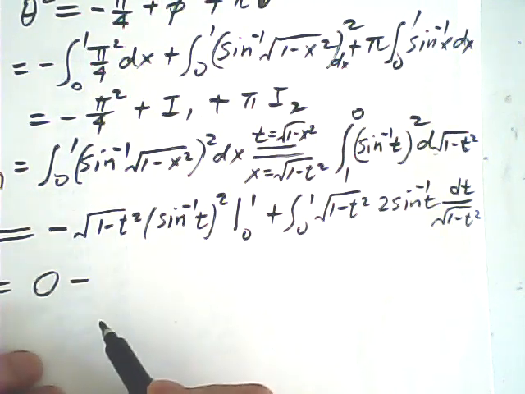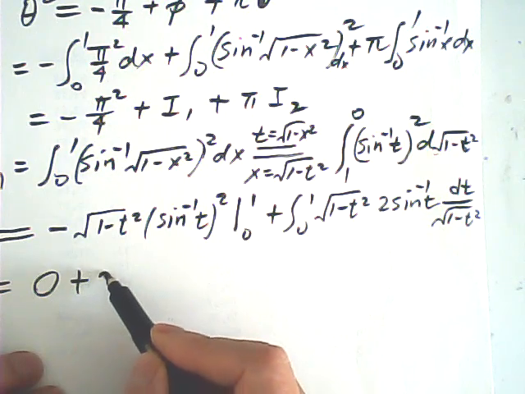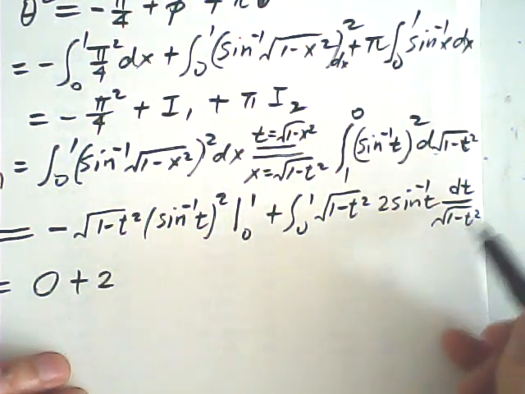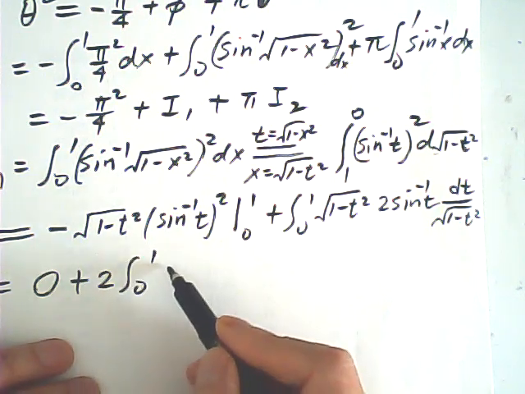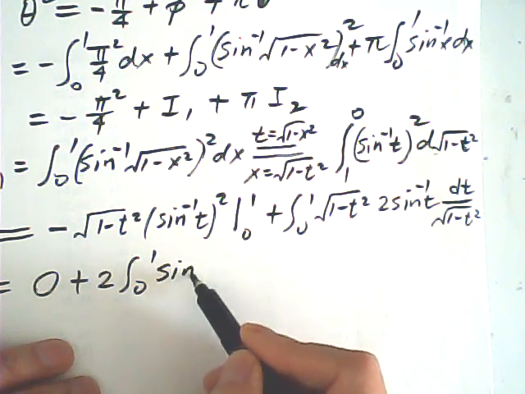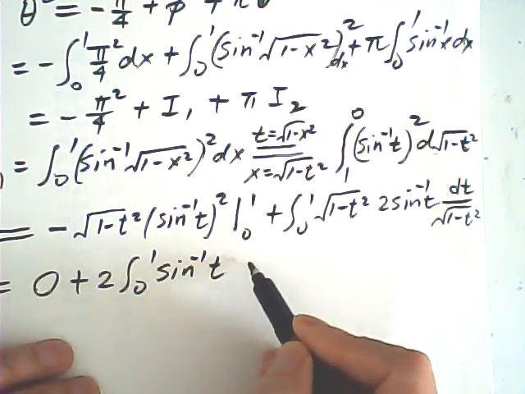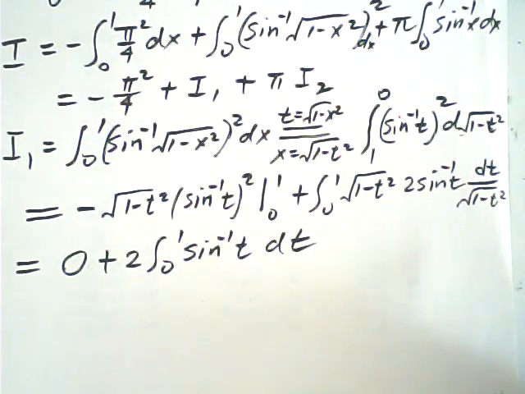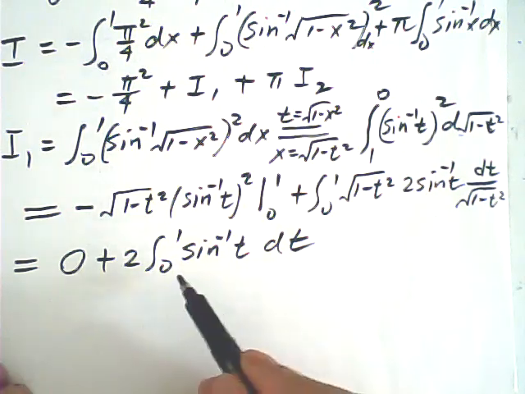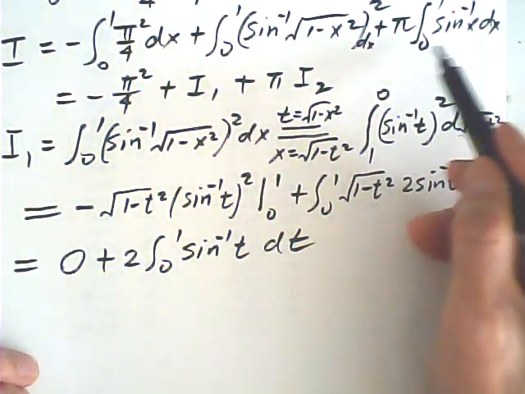Plus twice, this cancels out, the integral from 0 to 1 of arcsine t dt. Yeah. This is my I1. This is my I2. I can combine them, okay?